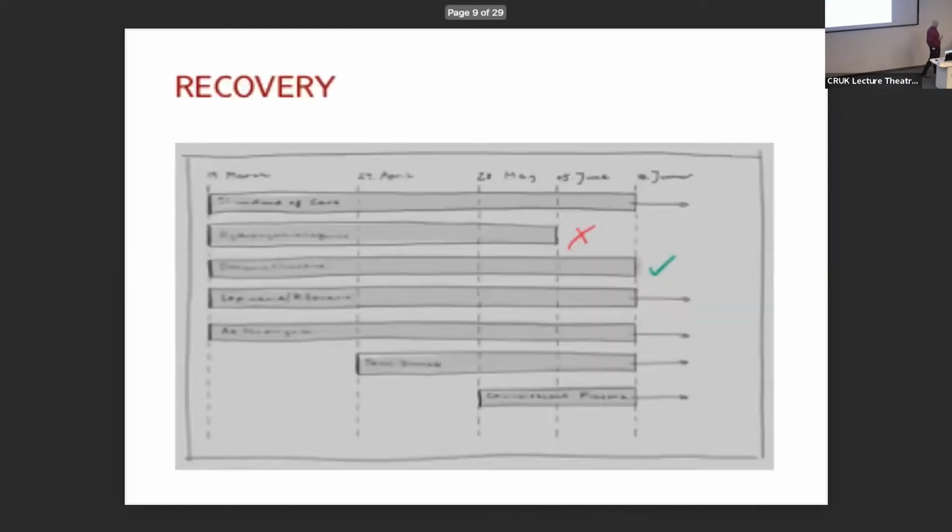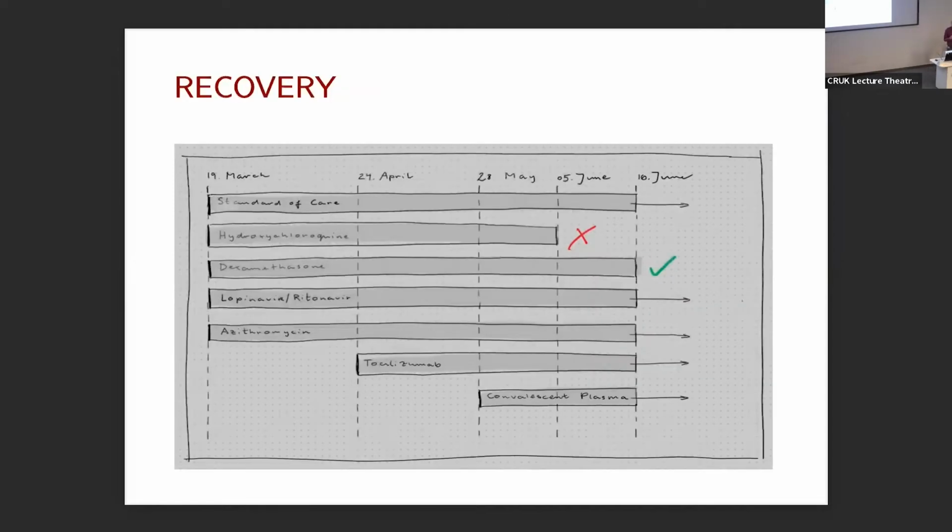And then a couple of months later, the trial structure looked something like this. So we had a decision to stop one of the arms because it didn't look sufficiently promising to warrant any further investigation. We had one treatment that showed sufficient promise, and 2 other treatments had been added to the platform.